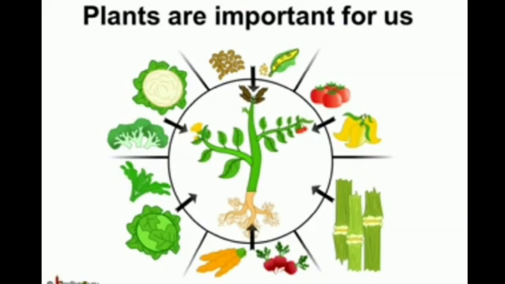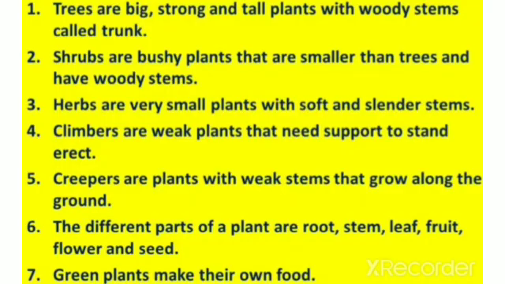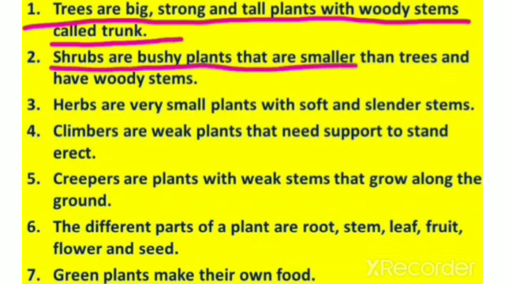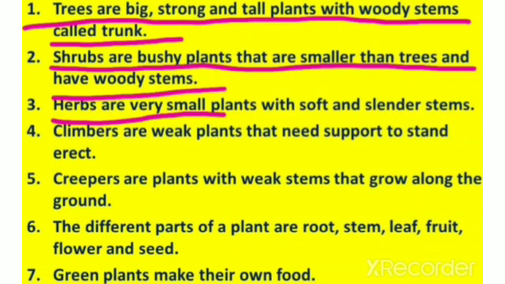Summary. Students, so the summary of the chapter is: Trees are big, strong, and tall plants with woody stems called trunks. Shrubs are bushy plants that are smaller than trees and have woody stems. Herbs are very small plants with soft and slender stems.